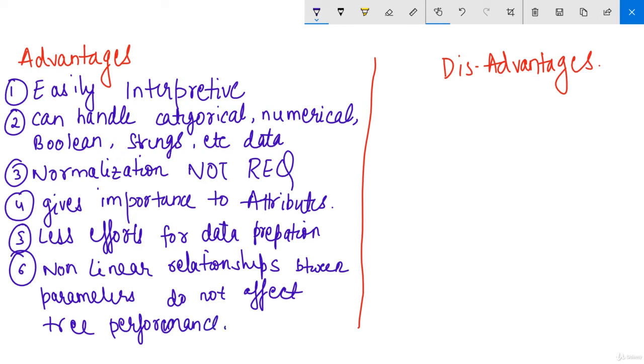These are some advantages of decision tree. So if there are advantages, there might be a few disadvantages as well, if anything is not perfect.